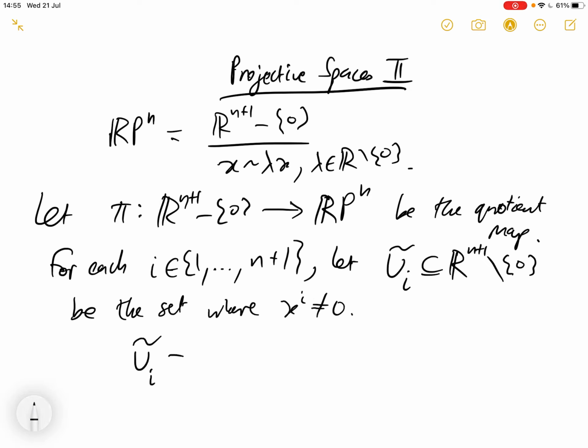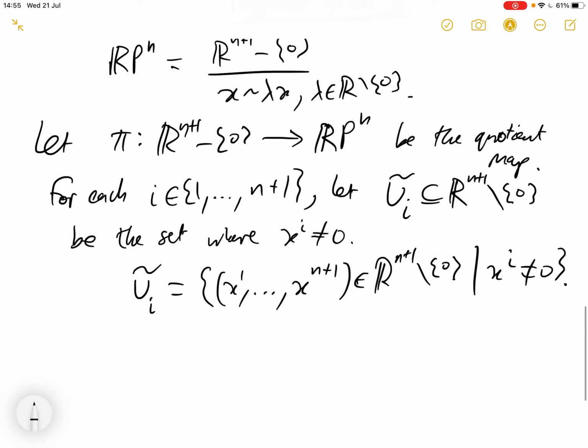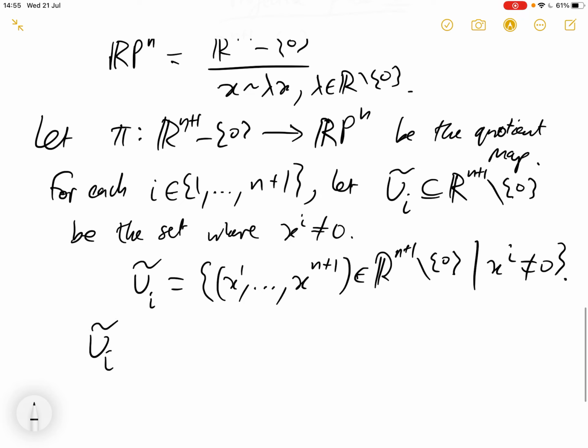So this is equal to the set of (x_1, ..., x_(n+1)) in R^(n+1) without the origin, where x_i is non-zero. And then U_i tilde is what's called a saturated open set. So what does this mean?